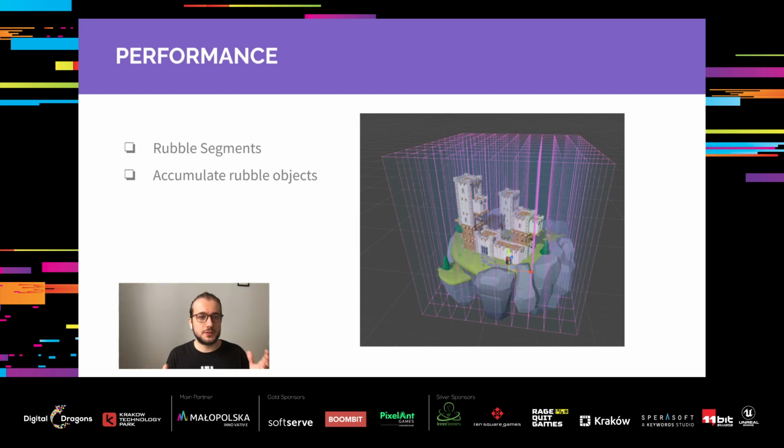So when the bricks moved, we didn't know exactly which segments to activate, and we created this other set of segments, rubble segments, that were placed evenly on the scene with their own individual triggers, and they would accumulate those objects that were no longer part of the building.